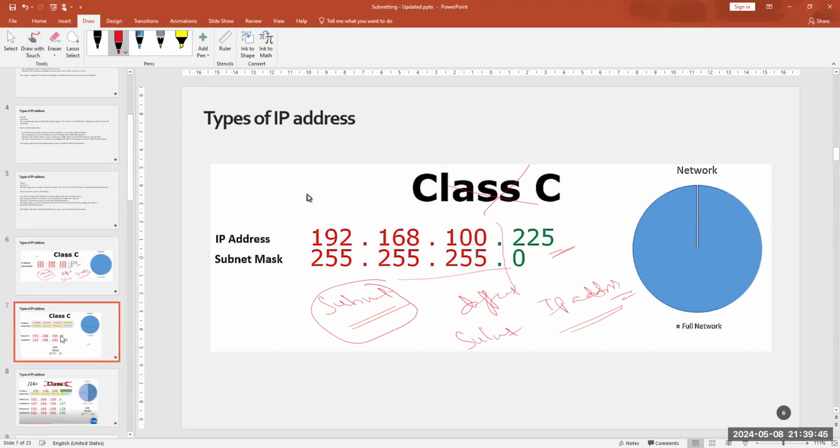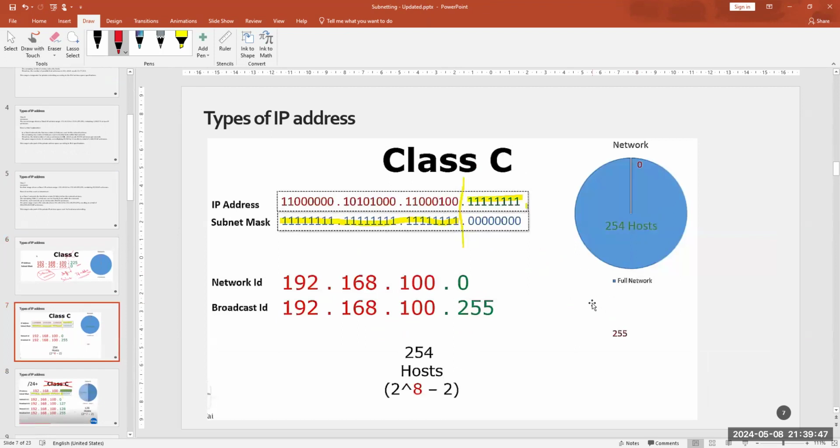Now, we know that the IP addresses are converted into binary form. And how many hosts can be created? 254. Why? 2 raised to 8 minus 2, and 254 hosts can be created. Clear?